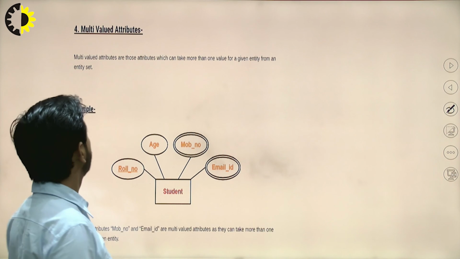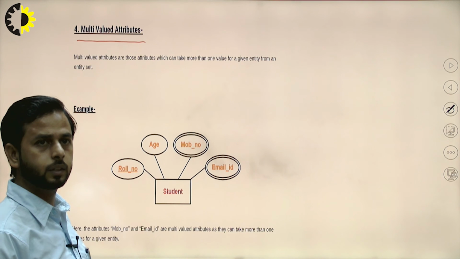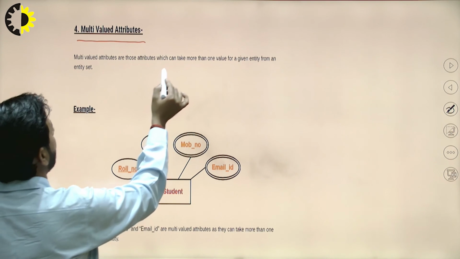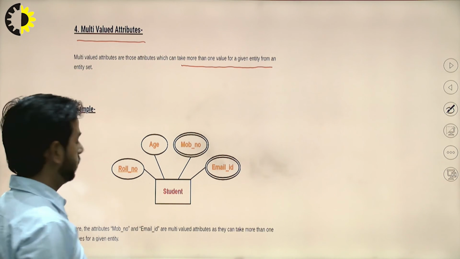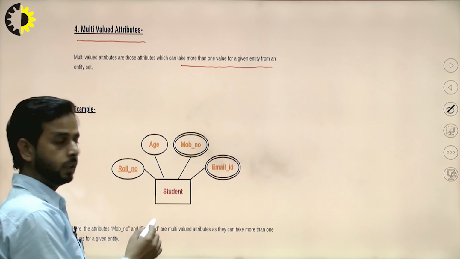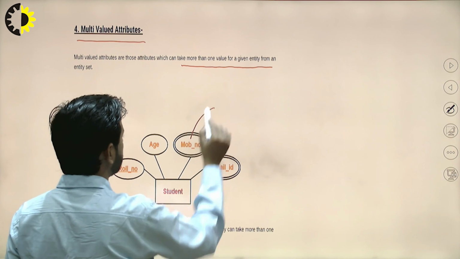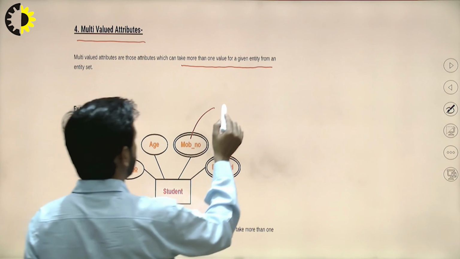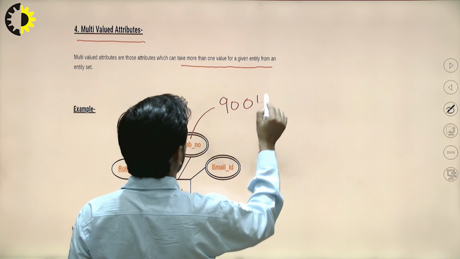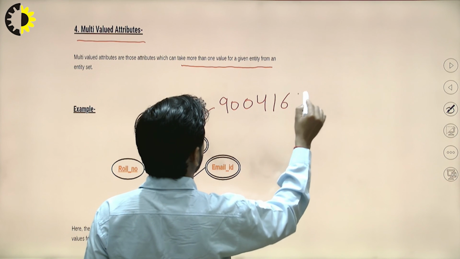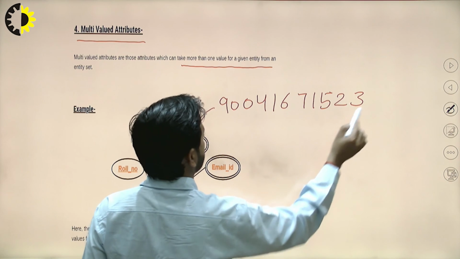Next is the multi-valued attribute. Multi-valued attributes are those attributes which take more than one value. So here mobile is the multi-valued attribute. Suppose there are two mobile numbers, 949041671523.